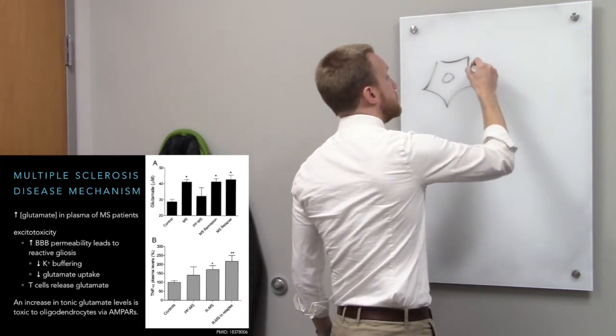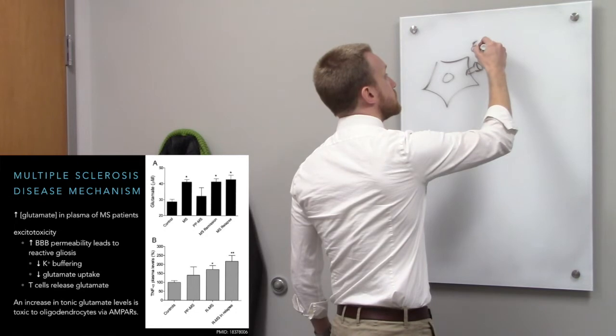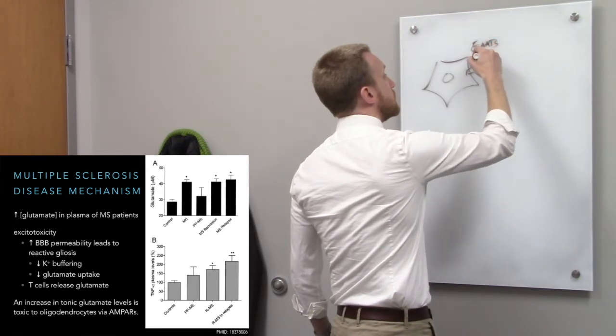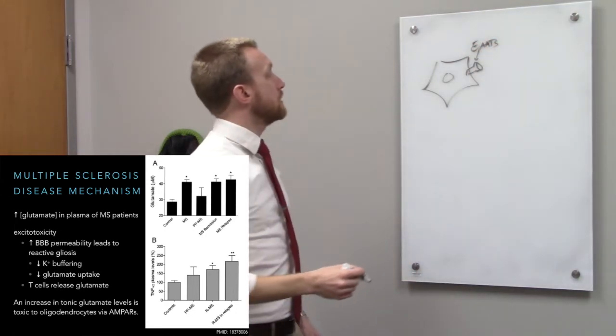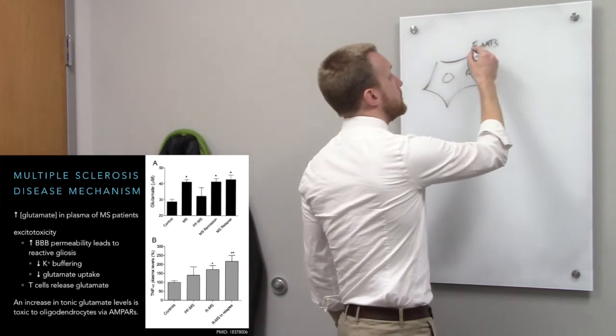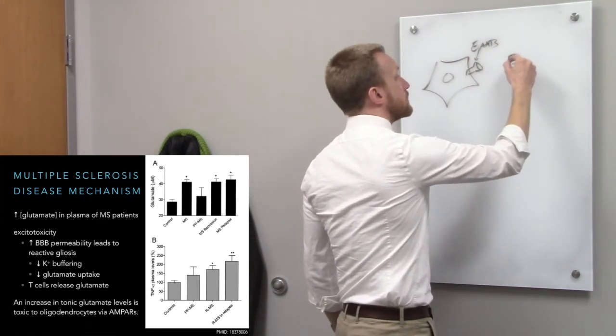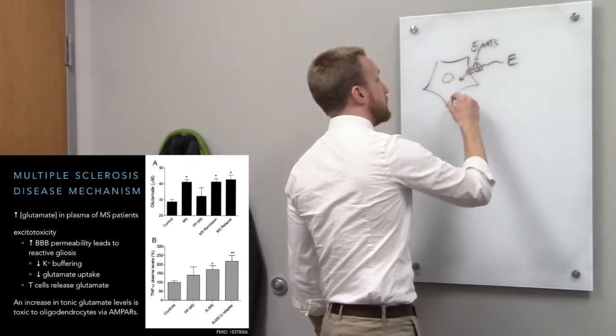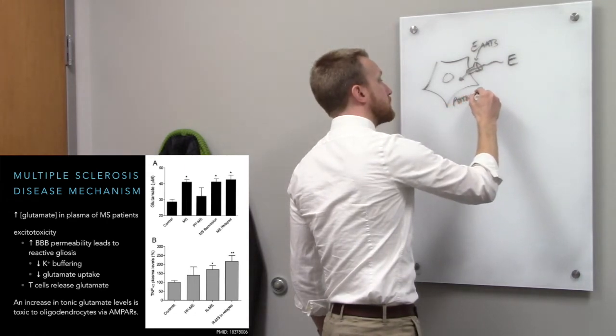Our excitatory amino acid transporters could be downregulated so that the reuptake of glutamate into astrocytes doesn't occur.